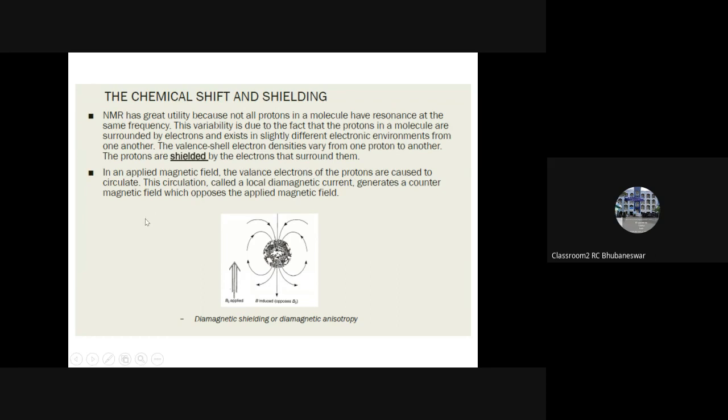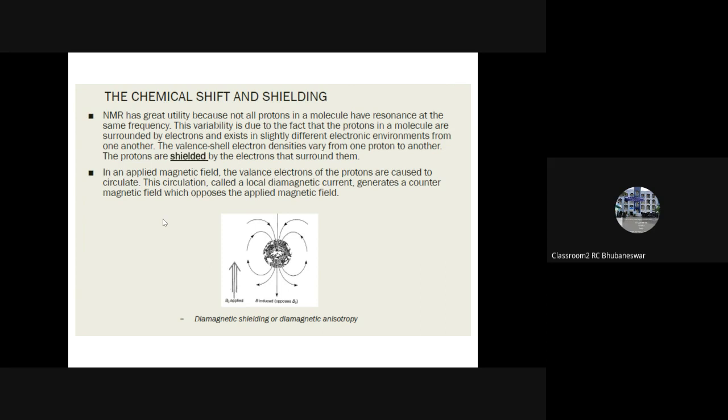And in an applied magnetic field, the valence electrons are caused to circulate, called a local diamagnetic current, which generates a counter magnetic field that opposes the applied magnetic field.